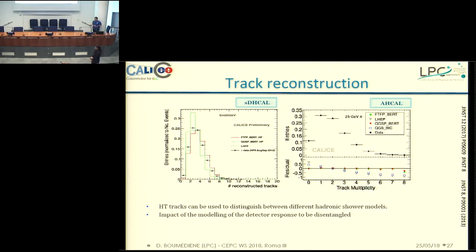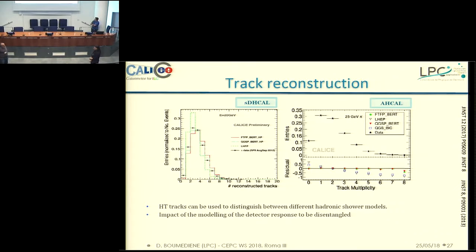If you have overlapping showers below some distance, yes, but otherwise. Just to say, maybe if you allow me, in this treatment, at least for the SD-HCAL, the treatment consists in eliminating the very dense zone, because otherwise you cannot build with the Hough transform. So we start by cleaning, and then we apply the recipe.